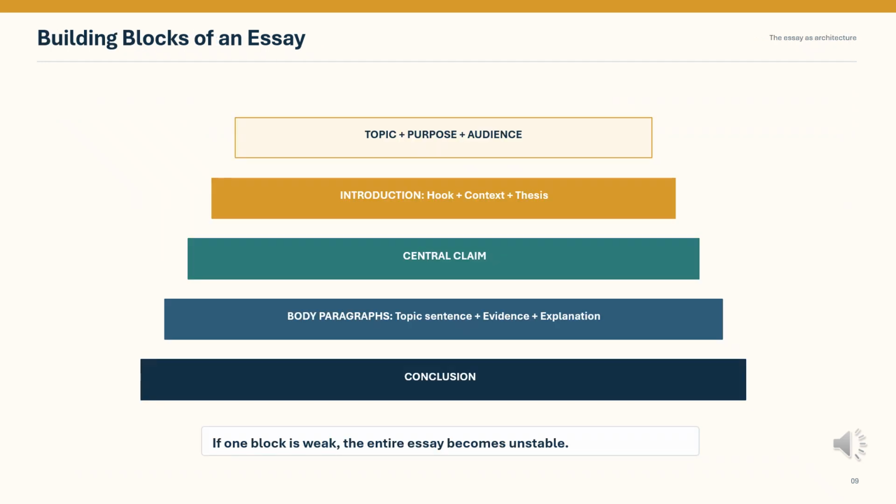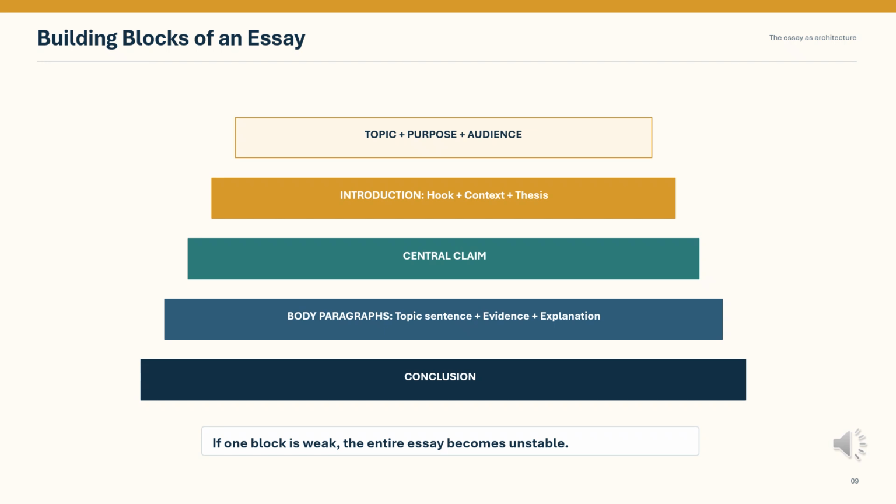Now we come to the structure of an essay. Think of an essay as a building. Just imagine, if one block is weak while building, the entire structure becomes weak. So, similarly, at the foundation, we have the topic, the purpose, and the audience. Before writing, we must know what we are writing about and why we are writing and for whom we are writing. Next comes the introduction. The introduction opens the discussion and presents the claims, presents the thesis.